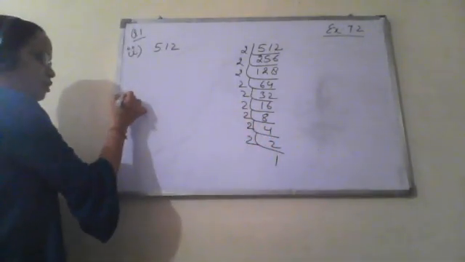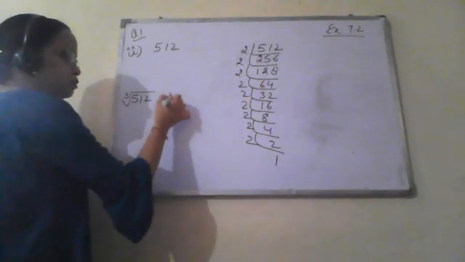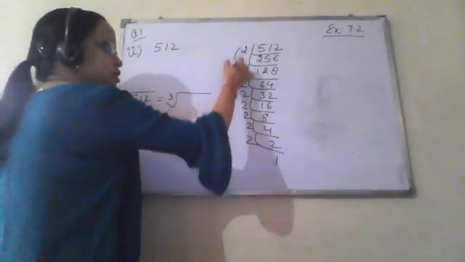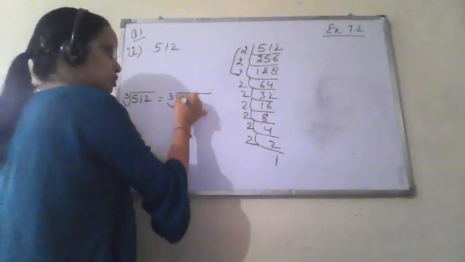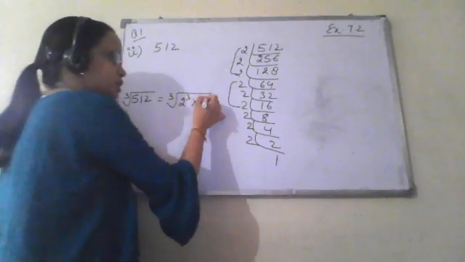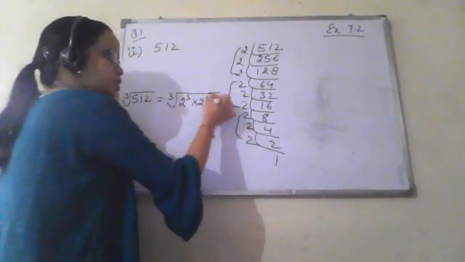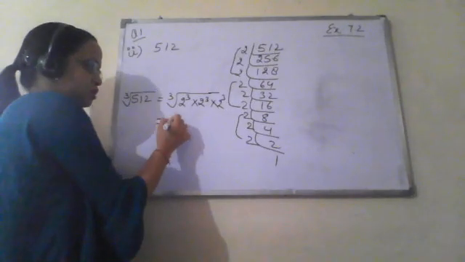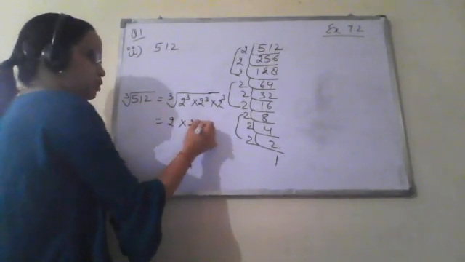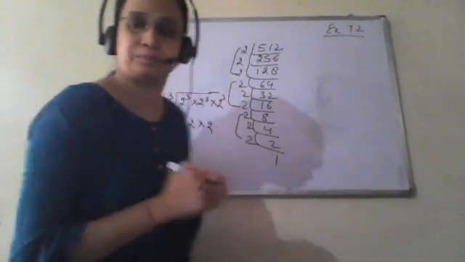So cube root of 512 will be, put this sign, and this is a triplet, so it can be written as 2 to the power 3. This is also a triplet, so it will be 2 to the power 3. From one triplet we will take one number out, so it will be 2 into 2 into 2. So cube root of 512 is 8.